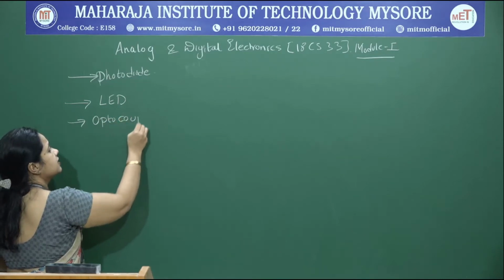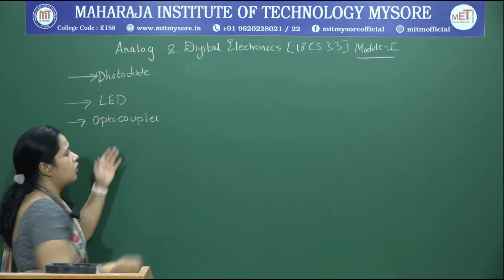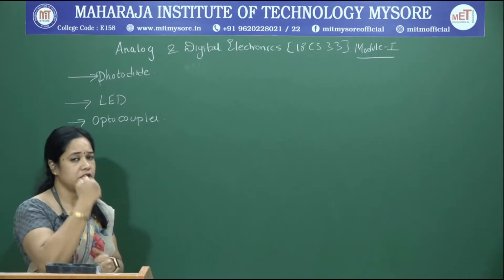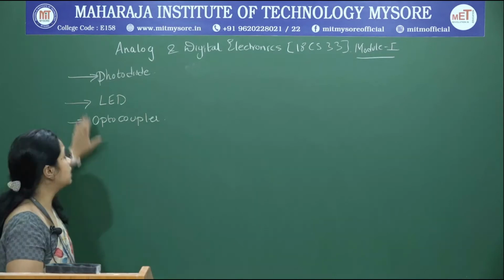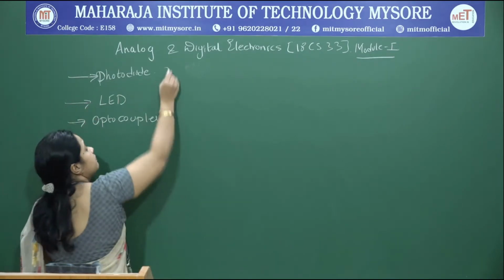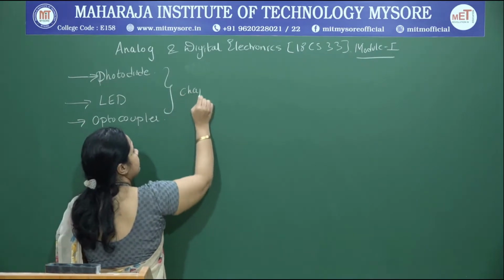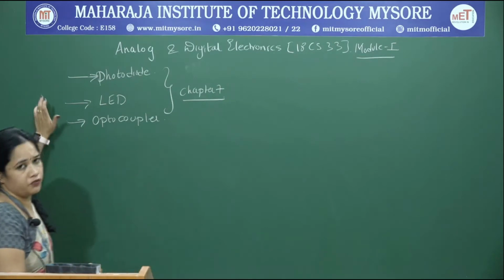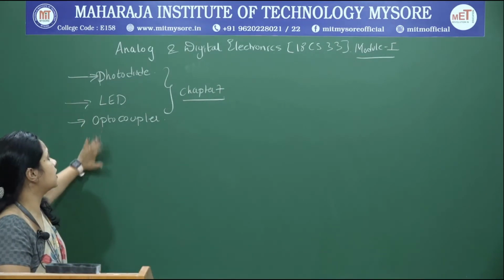As the name indicates, these are optoelectronic devices used to couple electrical signals from one part of a circuit to another part. These are the 3 topics picked up from chapter 7 of your prescribed textbook.